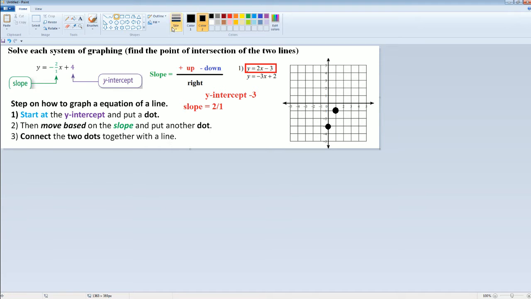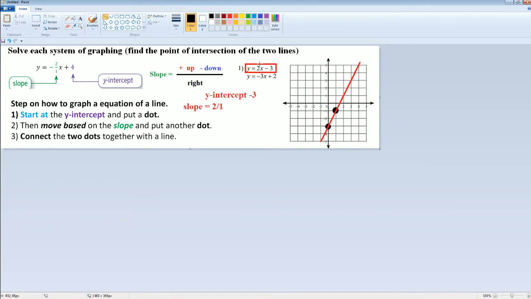From here, I connect the dots, and that is my red line. Let's extend the line a little bit further. Looks good.